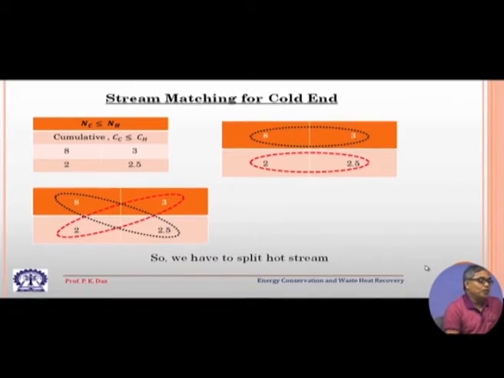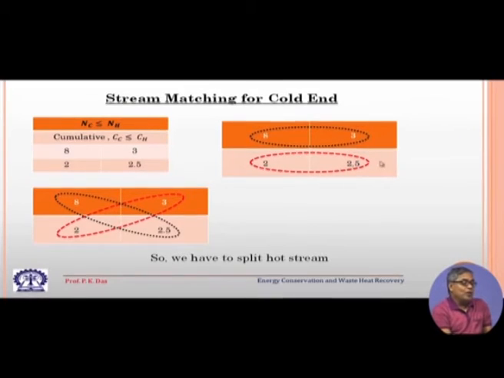Now, if we go for stream matching for the cold stream, what we find is Nc is less than or equal to Nh. So, that is one good thing we have found. So, this is satisfied, but for cumulative Cc and Ch, this is 8 and this is 2, these are the 2 streams, and on the other side we have got 3 and 2.5.